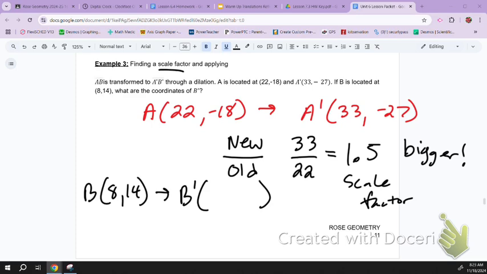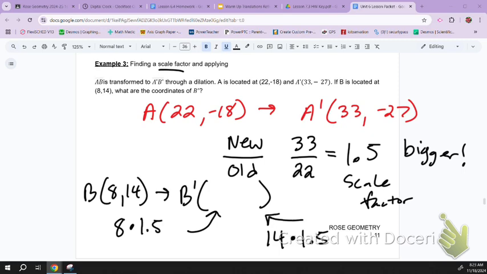What should I do to the x and y values to find the new ones? Multiply by what? Good, let's do it. We're going to do 8 times 1.5 to get my new x value. We're going to do 14 times 1.5 to get my new y value.